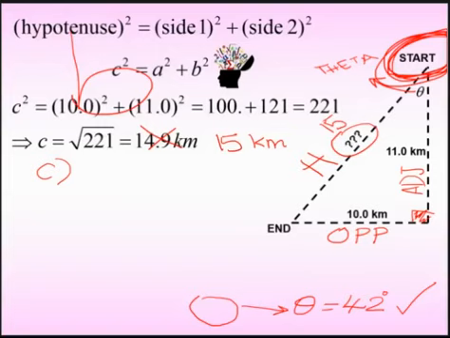Opposite over hypotenuse. Okay, what's my opposite? What's my hypotenuse? How about cosine? Cosine is adjacent over hypotenuse. So it will be 11 over the 15. What about TOA? Opposite over adjacent, 10 over 11. My question to you is, what's good about these two and not so good about this guy?